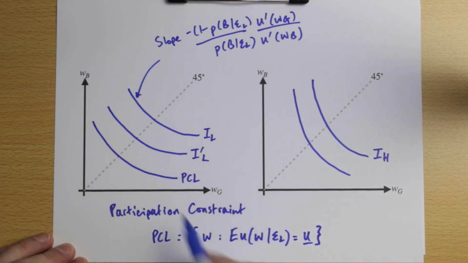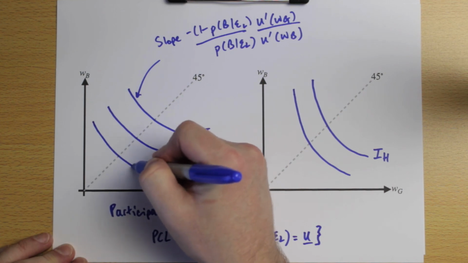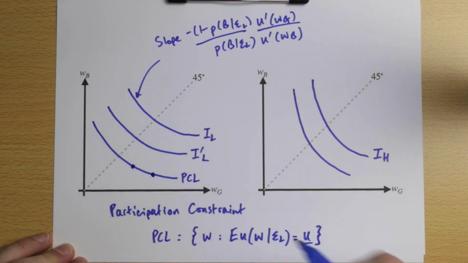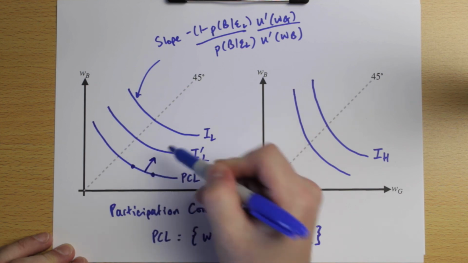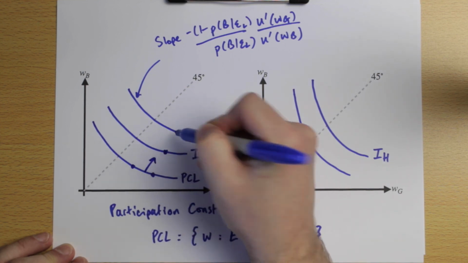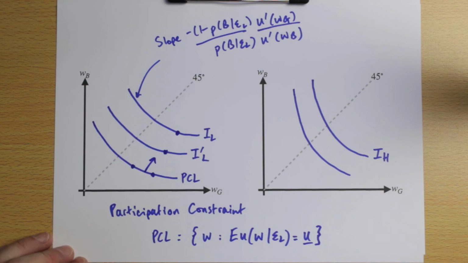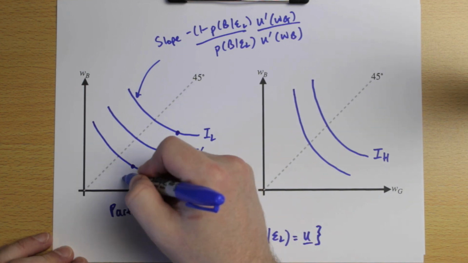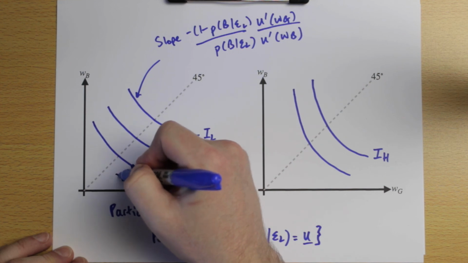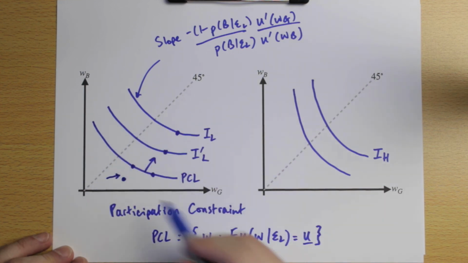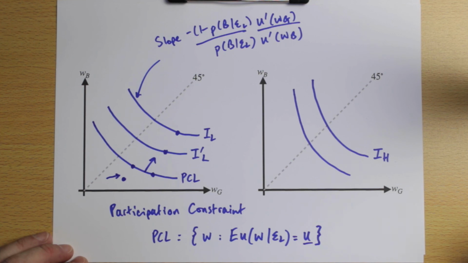For now, we'll note that if the employee puts in low effort and we offer them a contract anywhere along that curve PCL, then they will accept it. And if we offer them a contract on a higher indifference curve, so a contract on any of these, then they will definitely accept that contract. But if we offer a contract down here, below that PCL curve, then the employee will simply not accept that contract. So they would just go and work somewhere else, presumably.